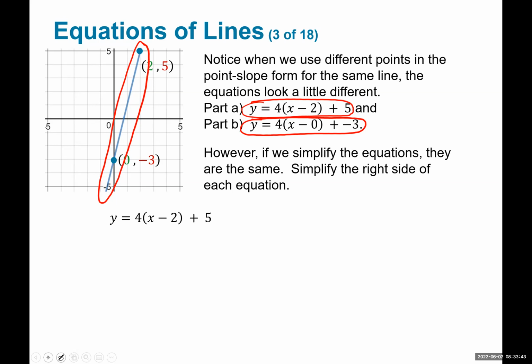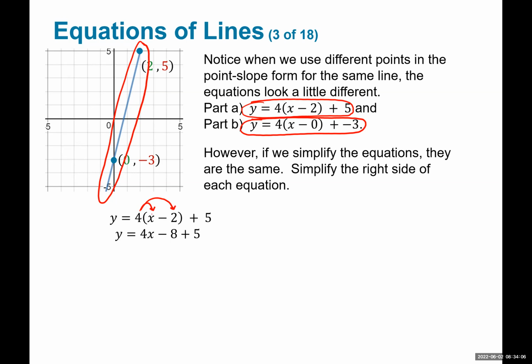The first one, what we want to do is distribute this 4 to the x and to the -2. That's called the distributive property. When you have parentheses with things on the inside, the number that's being multiplied on the outside has to be multiplied by everything on the inside.